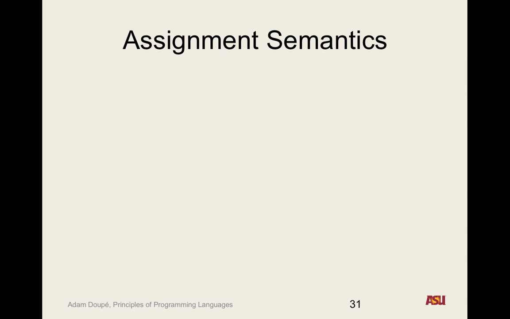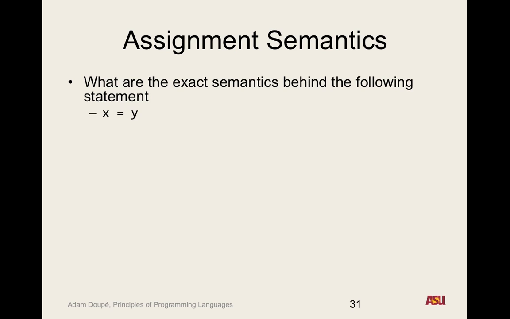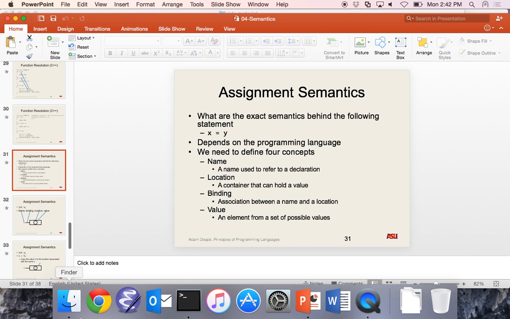Now we're going to talk about what exactly assignment means. We're going to talk about the exact semantics behind this statement, not minus x equals y, but x equals y. All right, I'll let you out like 2 minutes early. So when we get back on Wednesday, we're going to go into assignment semantics and pointers, and it's going to be awesome.